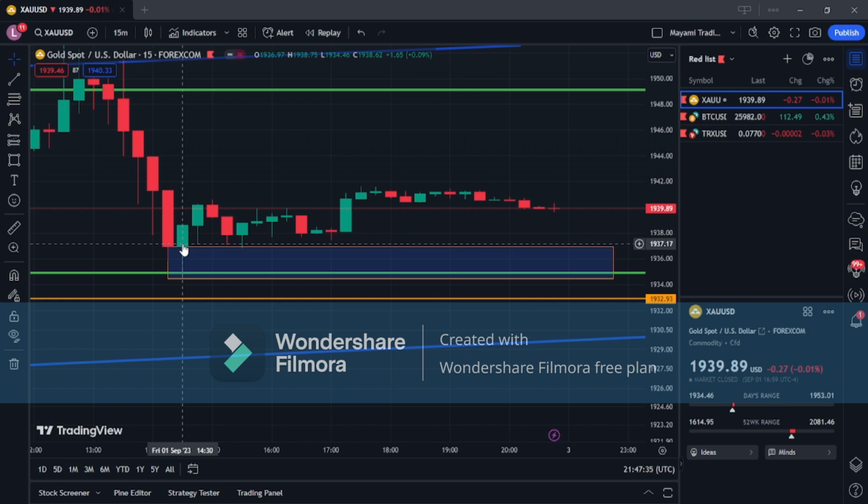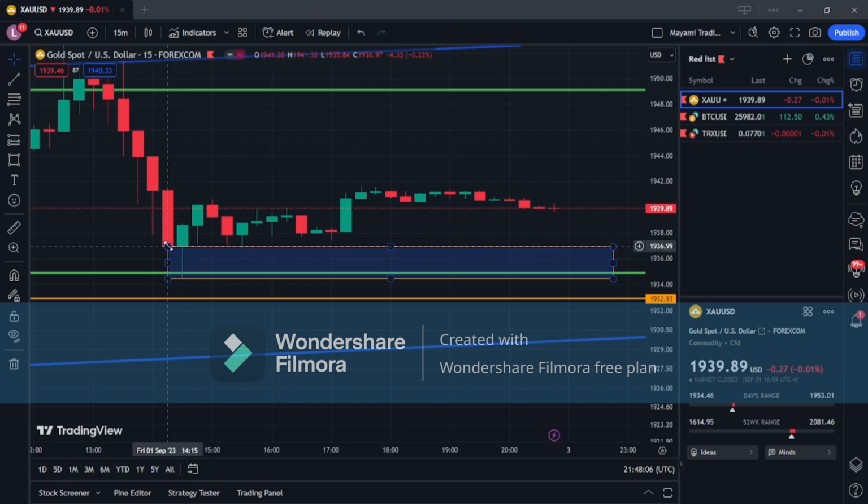That's the number one. The first step is identify your support and resistance level. The second thing is you want to identify your trigger reversal, which is this candlestick that has actually tested the support or the resistance level and created a pullback, which is the wick.